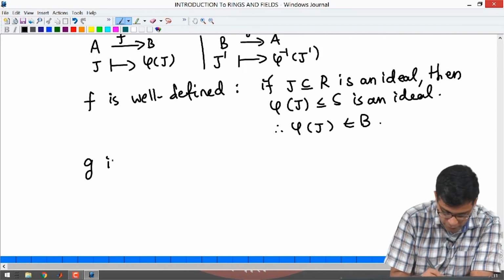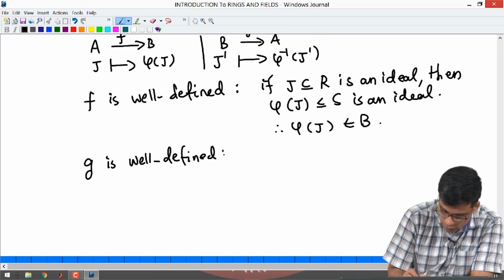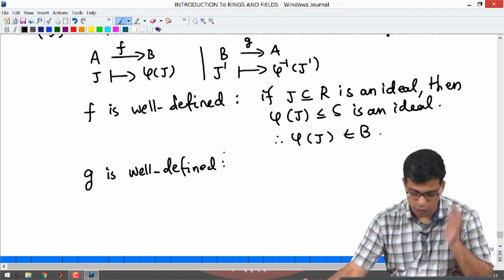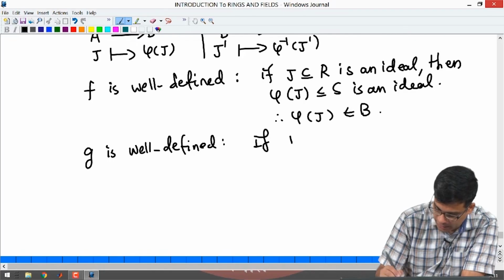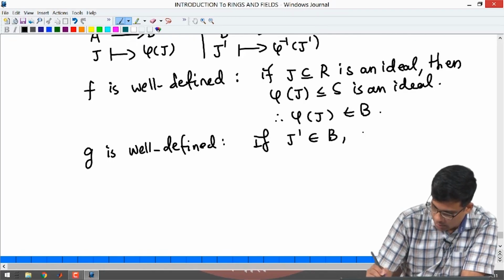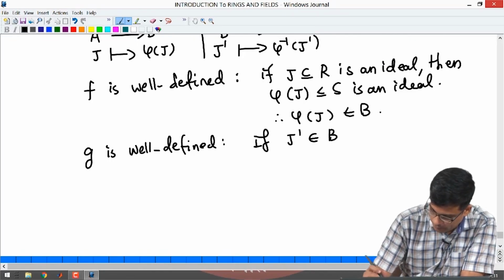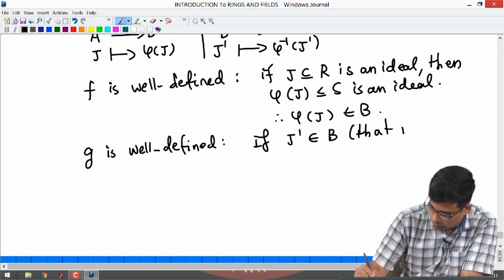To show g is well defined, what we have to show is, if J prime is in B, let us say, that means, what is B?